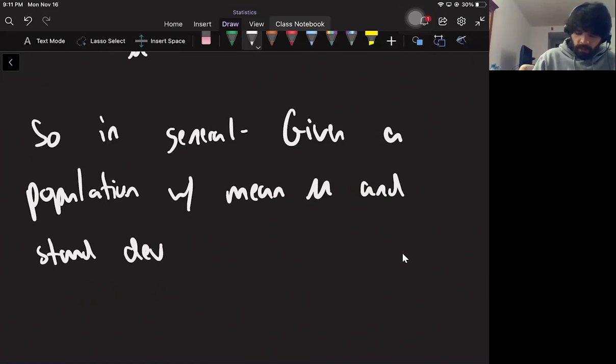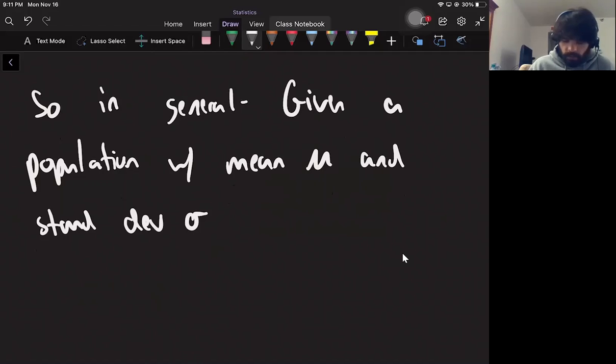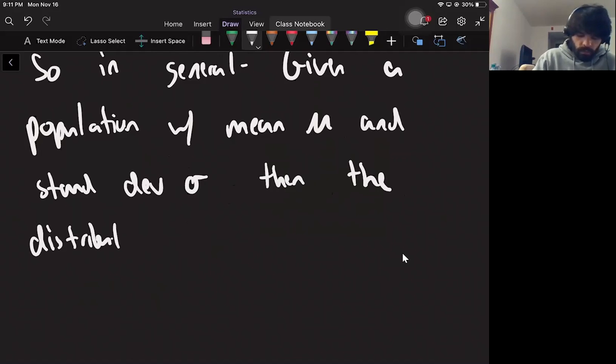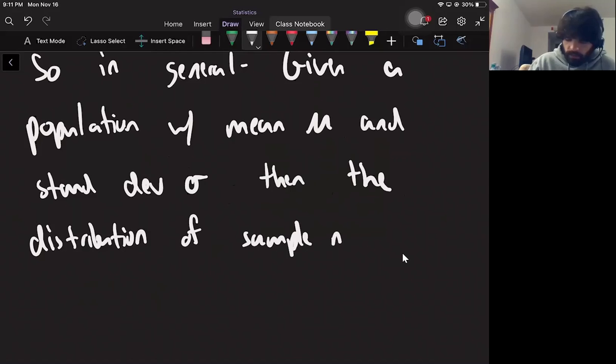Later on, we'll see how to do something different. But for now, we're given the population mean and the standard deviation. Then we get this distribution, which is going to be a normal distribution, and it's the distribution of possible sample means.